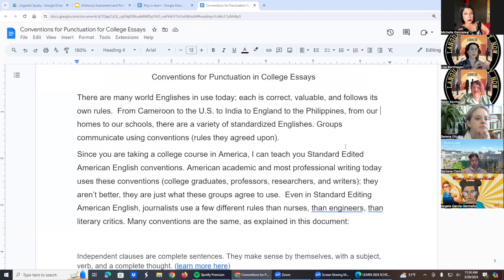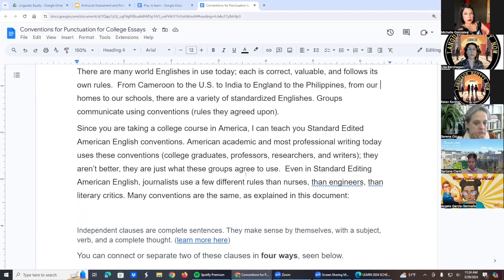So when they go to a certain group, the group doesn't even realize they've agreed on these certain rules. And that's where, depending on the group you go to, you might want to know, oh, what are the conventions they're using here? So since they're taking an American college course with me, I teach them what are the standard edited American English conventions, and then they can decide if they want to use those or not. But those are what my students are eager to at least know about.